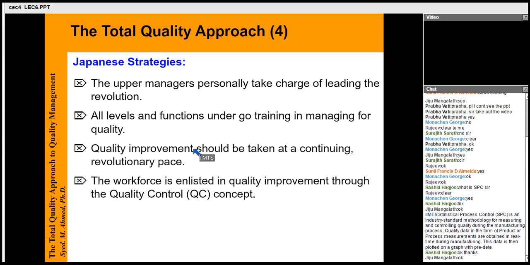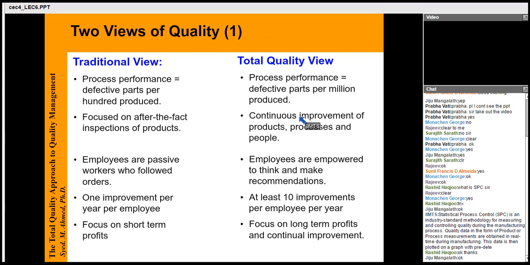Quality is the major concern: whatever product they are developing, what is the quality of that. Fourth, the workforce is enlisted in quality improvement through the quality control concept. So whoever is associated with the quality control team is involved through the quality control concept. So this is the Japanese strategy to ensure the total quality approach.